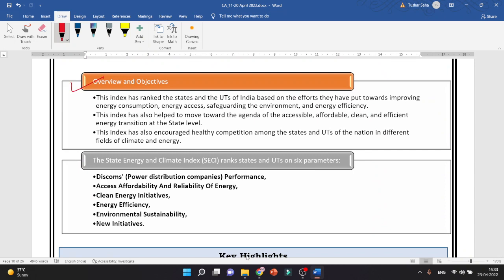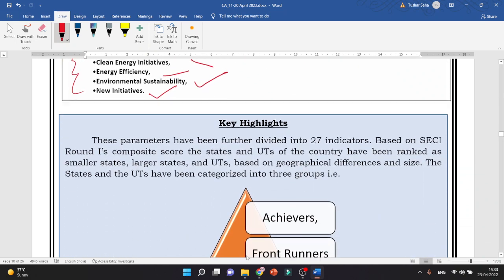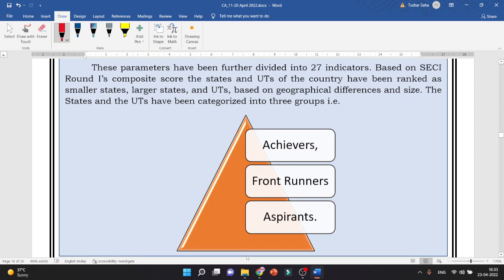Okay, so what is the overview and objective? If you go through it, you would understand it ranks on these 6 parameters. What are those? Discoms, access and affordability, clean energy, energy efficiency, environment sustainability, and new initiatives. What are the key highlights?